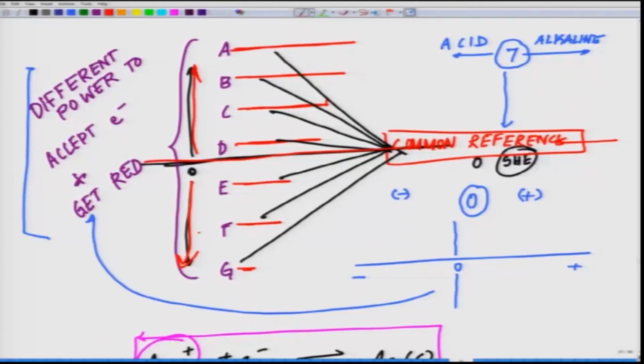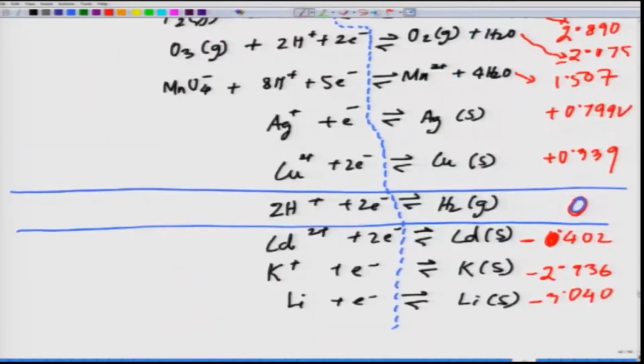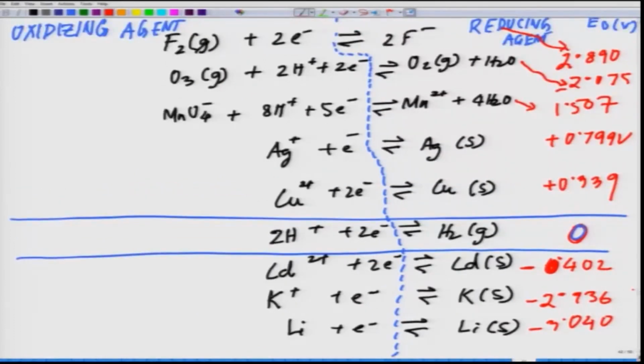Now, coming back, here is your situation. What does this physically mean?